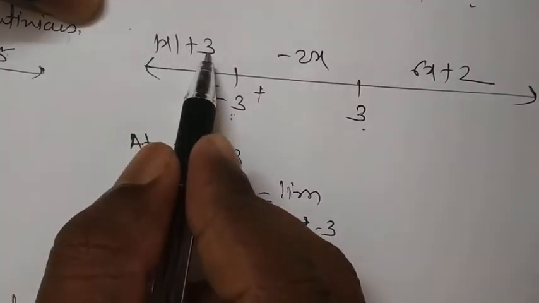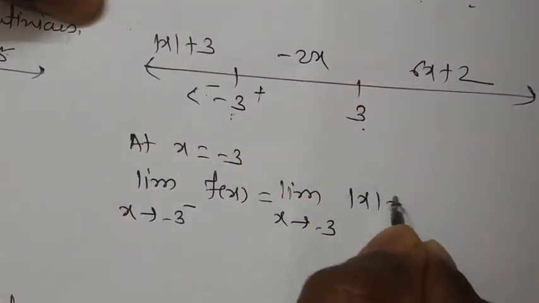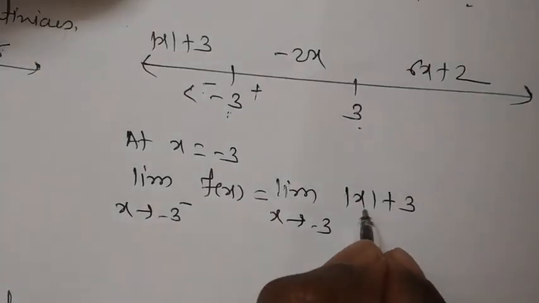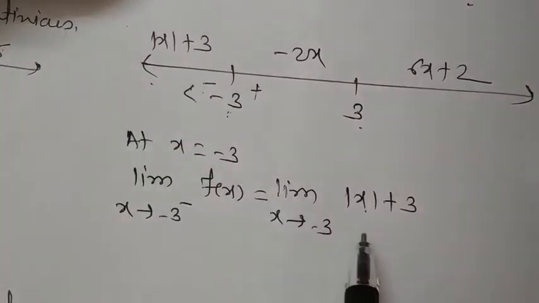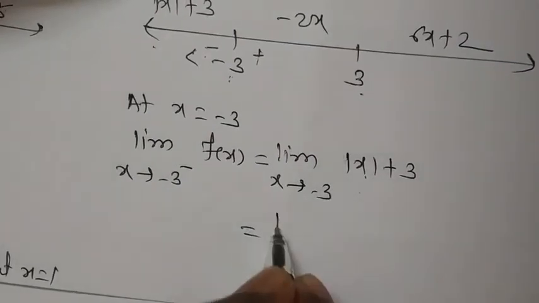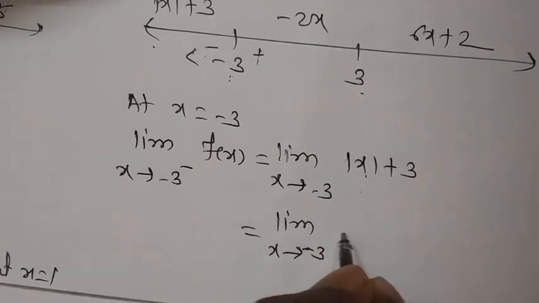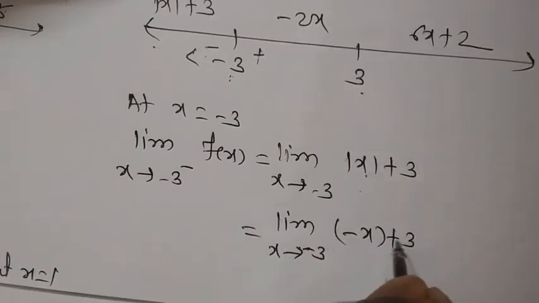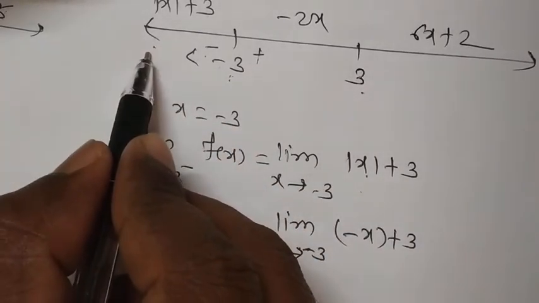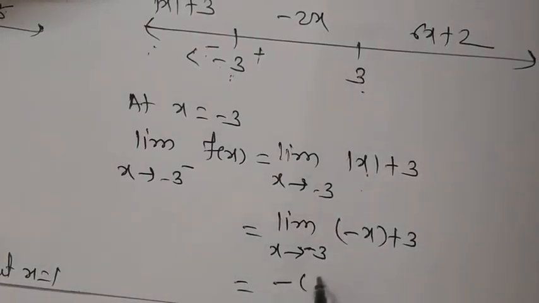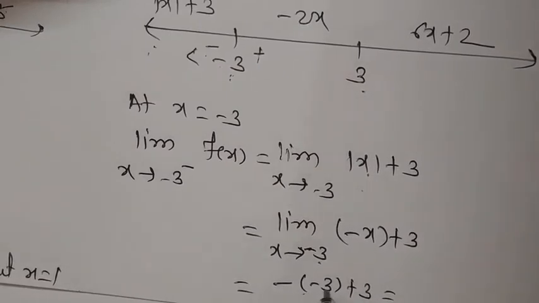Modulus of x plus 3. But when we check modulus of x, here all numbers are negative. So modulus of x is minus of x plus 3, because here all numbers are negative. Putting in minus 3: minus of minus 3 plus 3, that equals 6.